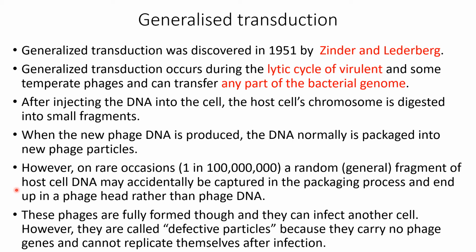As I said, you will understand this when we see the next slide, so don't worry. These phages are fully formed and they can infect another cell, but they do not carry any phage genes, so they cannot replicate themselves after infecting a new cell. That is why these phages which carry the bacterial DNA are called defective particles.